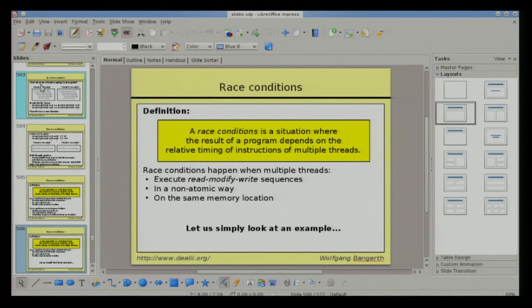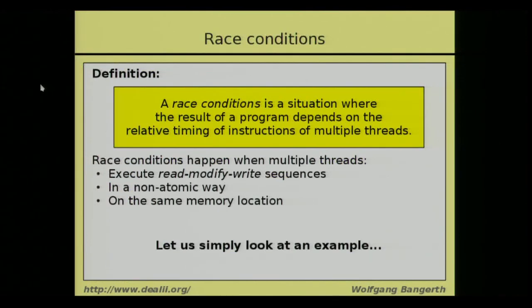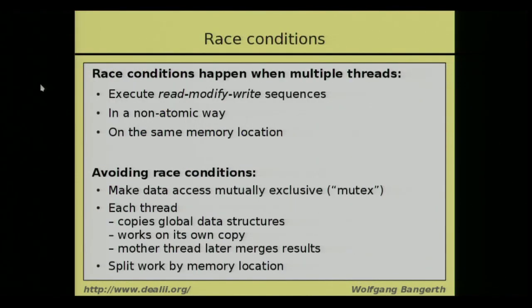So the way you deal with this is what we call synchronization. If you go back to the situation where race conditions can happen, it is always you read, modify, write sequences in a non-atomic way on the same memory location. And so there are multiple different ways how you can avoid race conditions.